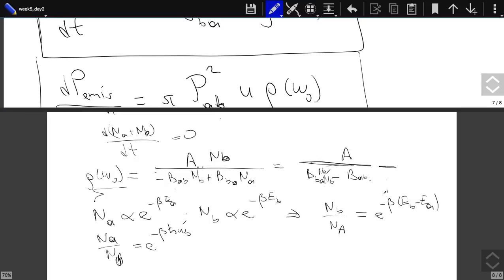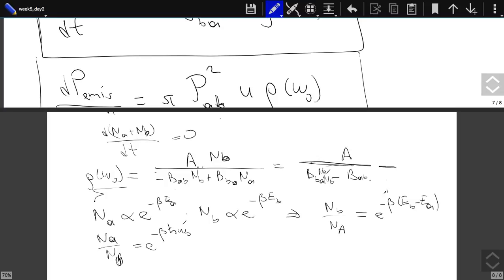It is fixed, independent of what kind of atoms you have, or what kind of system it is in thermal equilibrium with. If you have electromagnetic radiation in thermal equilibrium, then rho of omega_0 is given by the black body radiation. So we know rho of omega_0. That is one piece of information we know.